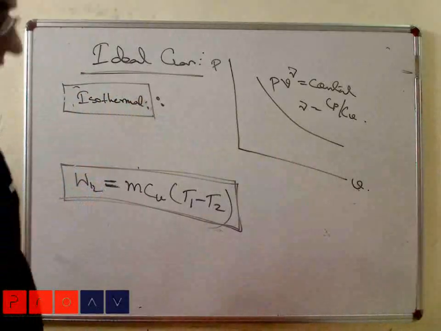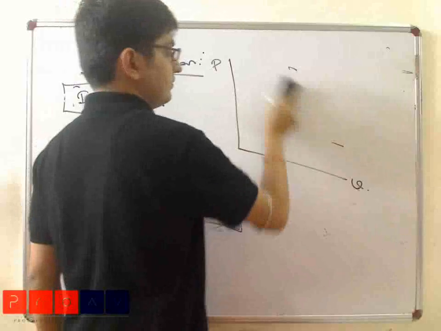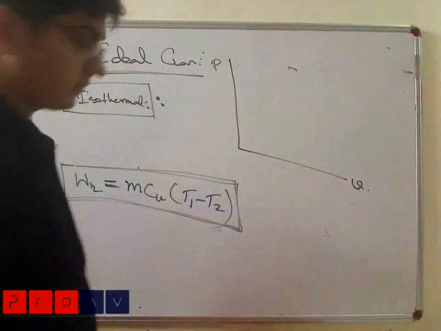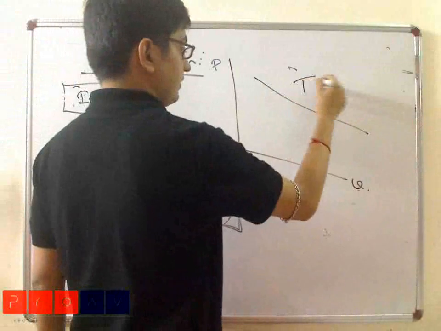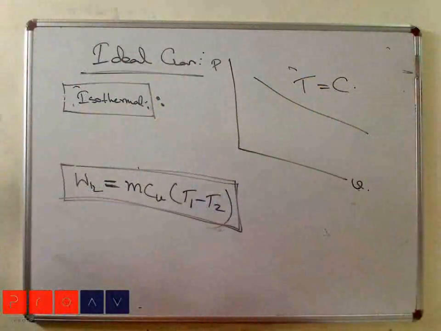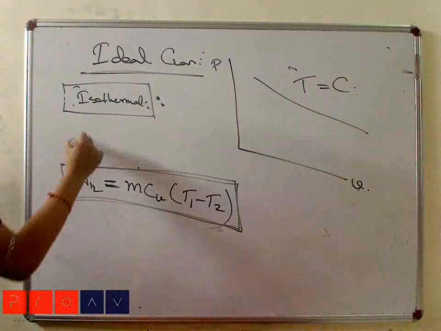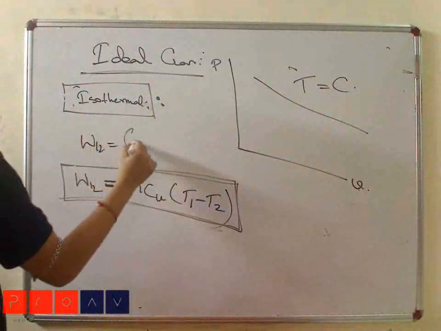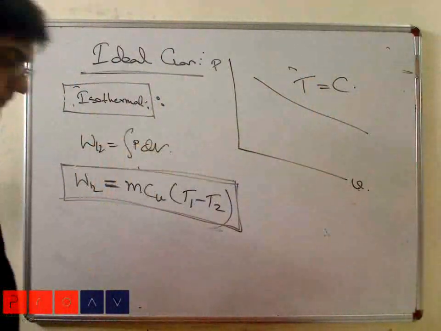In this case, T is equal to constant. So work done will be from the integration of P dV.